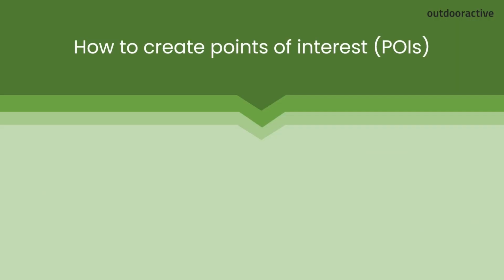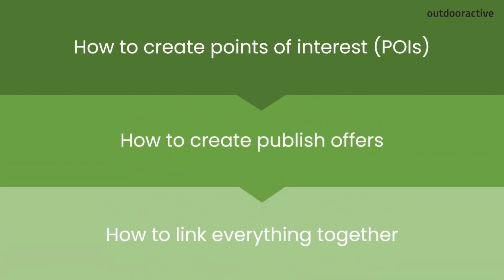And if you offer guided tours, excursion packages, cooking classes, farm visits, or any kind of authentic experience, you will want to present your offers online so that travelers can find and book them. So in this chapter, we're going to look into detail how to create so-called points of interest to promote your destination and business, how to create and publish offers online, and how to link all your content together so that travelers will find all of your content. Are you ready?